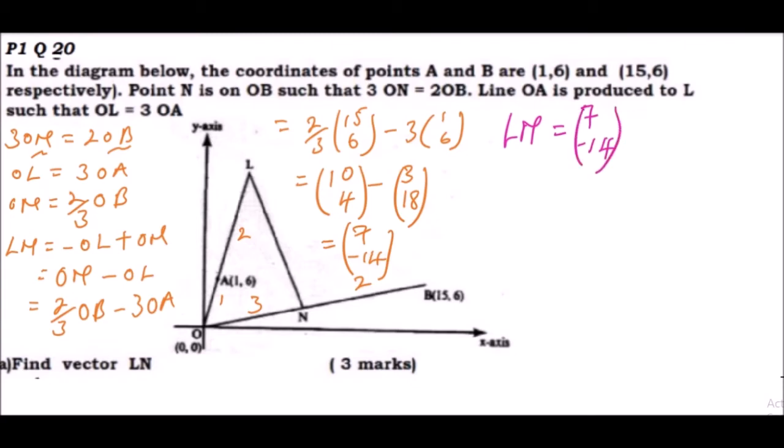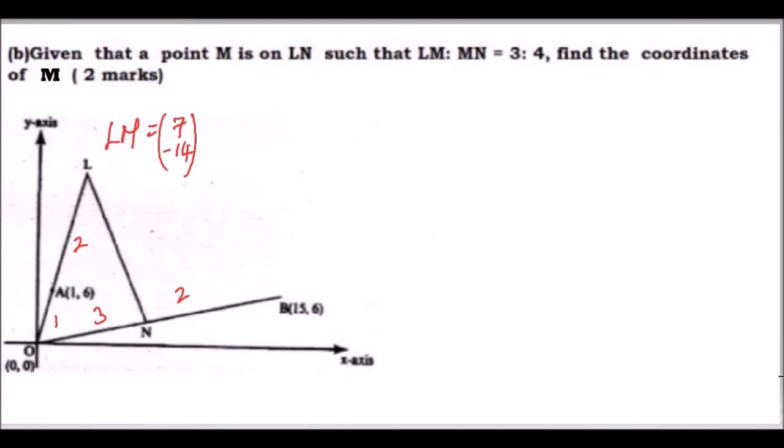Let's go to part B. Part B, we are told, given that a point M is on LN such that LM to MN is equal to 3:4, find the coordinates of M. So here, if we put our M there, the ratio we have been given is 3:4, so we can write our ratio like that. Therefore we can get OM.